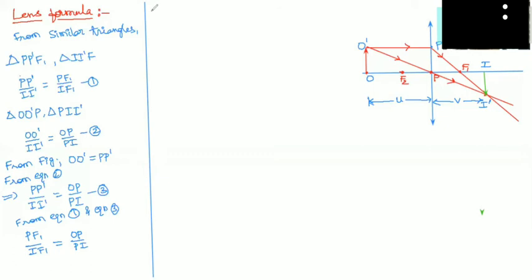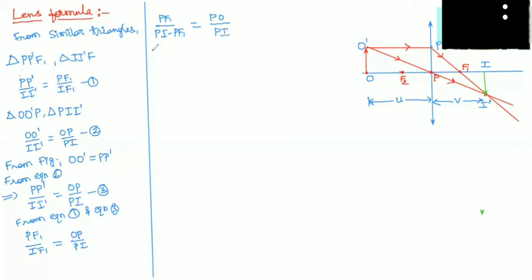So PF1 by IF1 can be written as PF1 by (PI minus PF1), which is equal to, OP is already there, that I am writing as PO, since in terms of P we have to write. Next PI is there, it is in terms of P only, so no need to change.